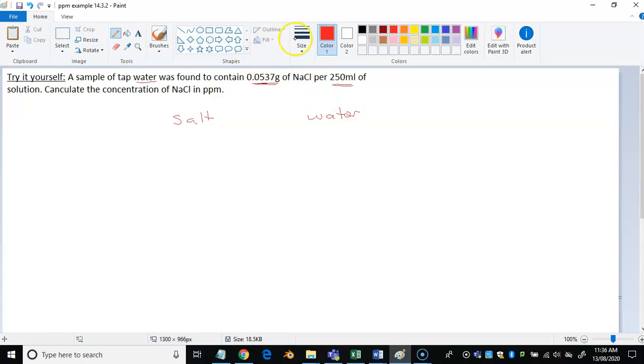No worries. We can see here the salt starts off at 0.0537 grams, and we are in 250 mils, which, as we recall, is the same as 250 grams.